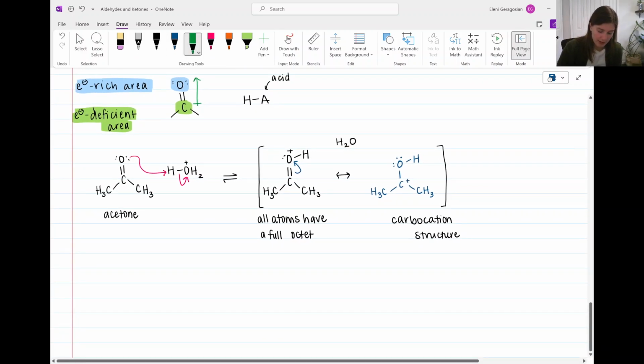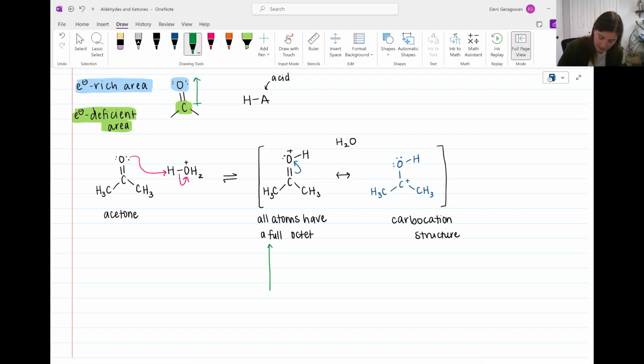Now, this first structure that we drew, let's write a little note down here. This is at a lower energy.